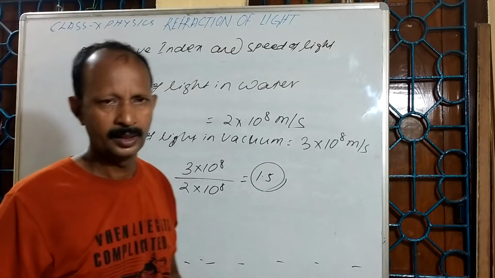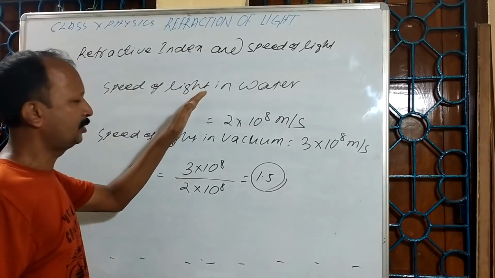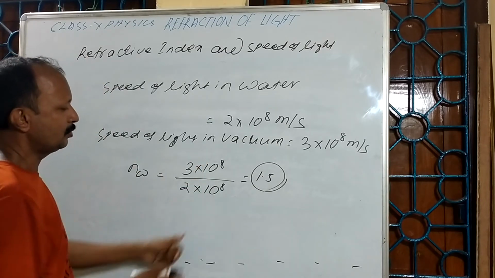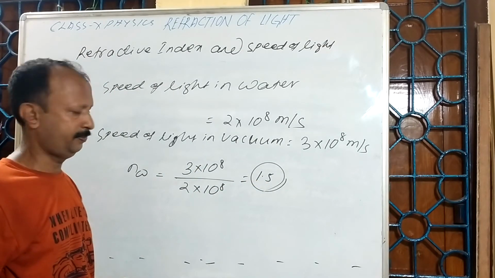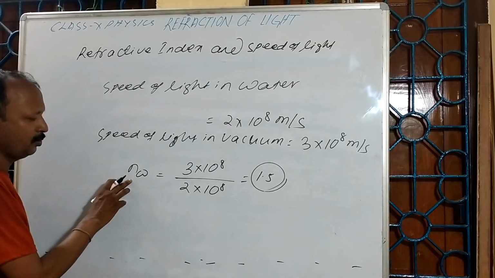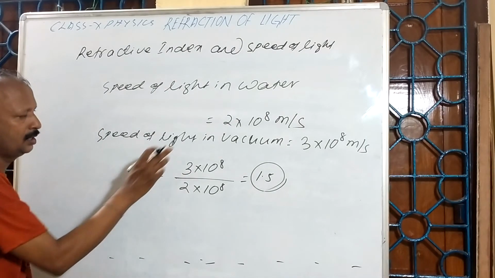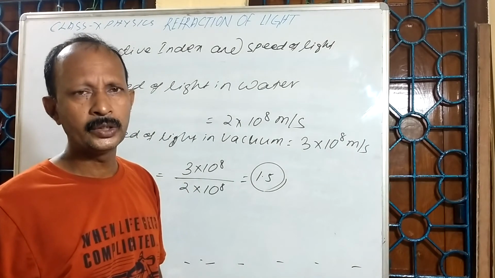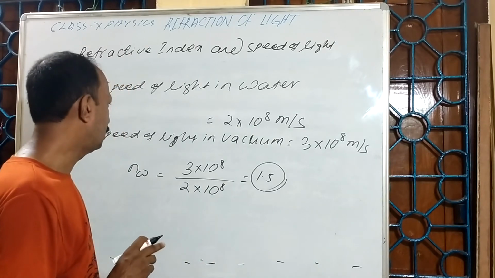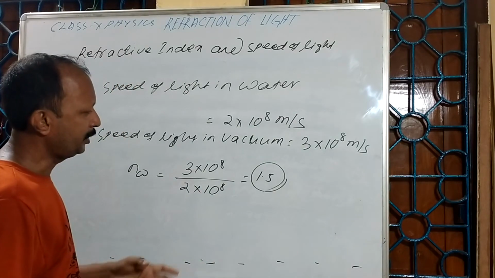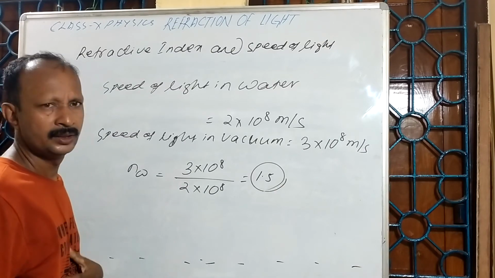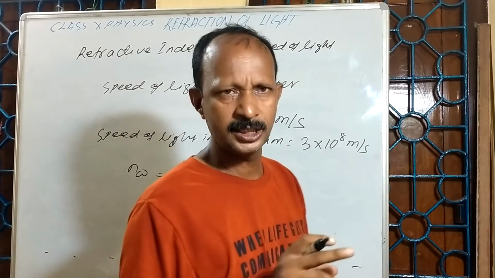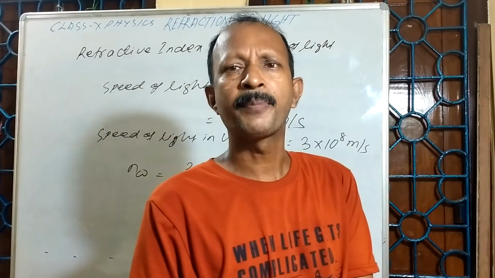That means the refractive index of water with respect to vacuum is 1.5. Here I mentioned only W because the first medium is vacuum, that one no need to mention. So the refractive index of water is 1.5.